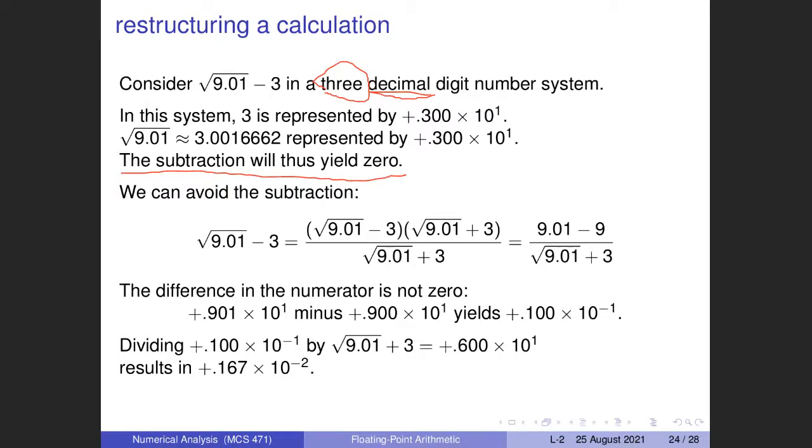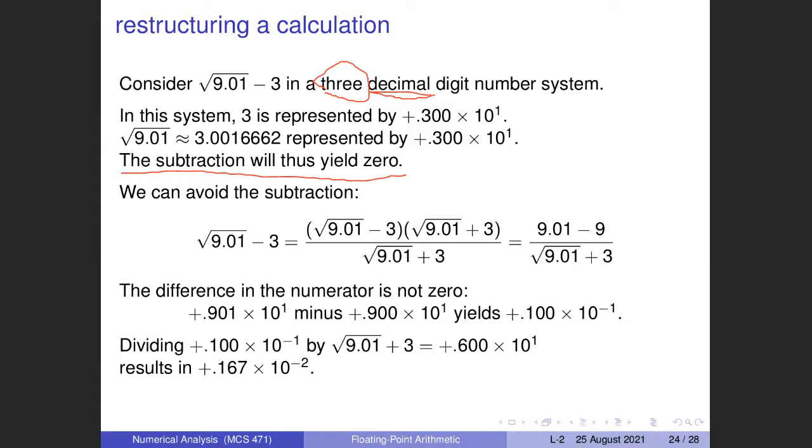So on the previous slide, we had something that was not 0. Here we have something that equals 0. And actually, 3 is not equal to the square root of 9.01. So we can actually get a more accurate result. 0 is actually completely wrong, if you like.